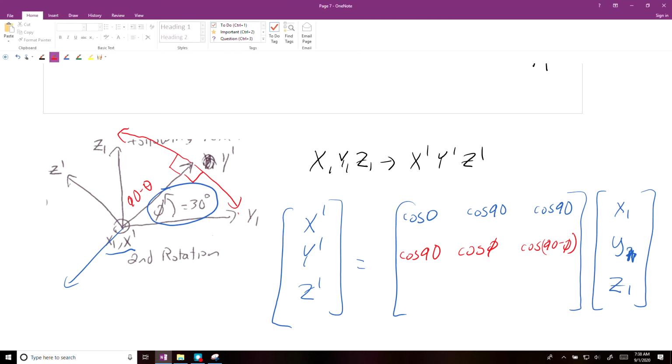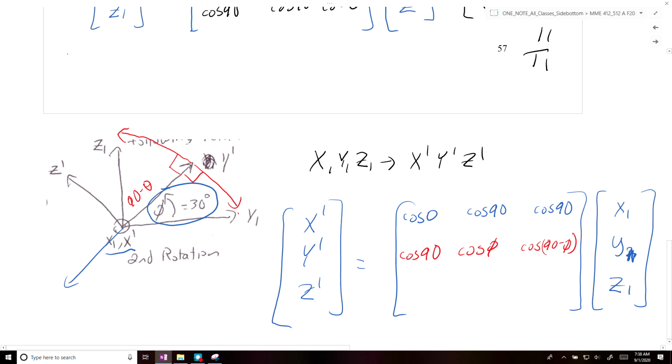For x1 onto z prime, again we would have cosine of 90 degrees since z prime and x1 are 90 degrees apart.